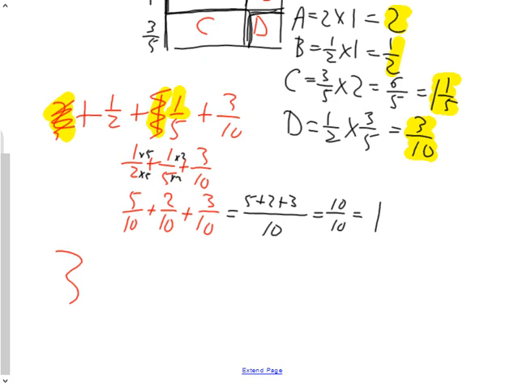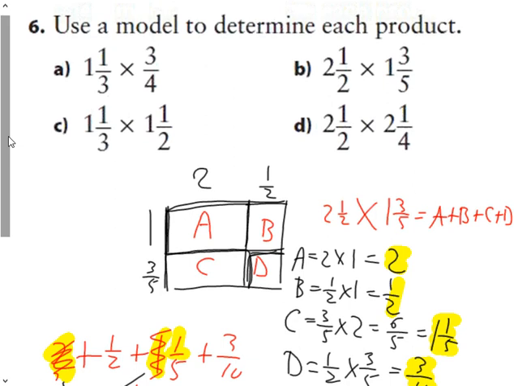So these three fractional parts add up to be 1, plus these two whole numbers, which added up to be 3, means your final answer is 4. So therefore, 2 1/2 times 1 3/5 will equal 4, just as a regular number. Let's check.